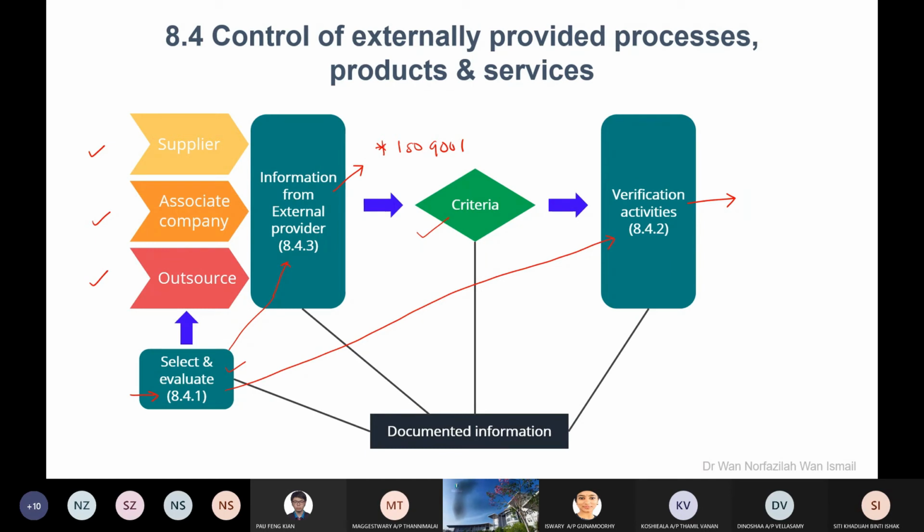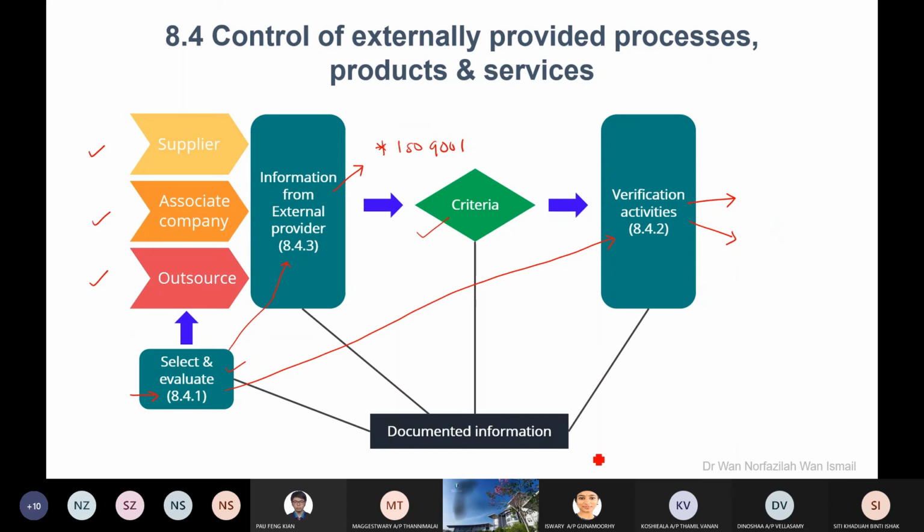Once they are certified with ISO 9001, you don't need to worry anymore. It means that they also use and fulfill the requirements of clauses 4 until 10. But even though they are certified with ISO 9001, you still have to verify their activities, based on their activities during the process to produce the products and services.